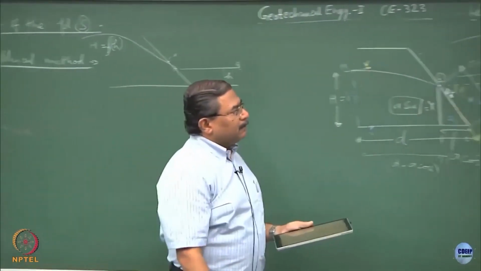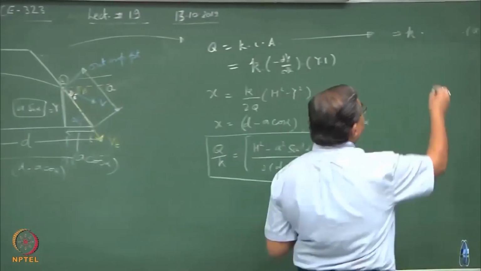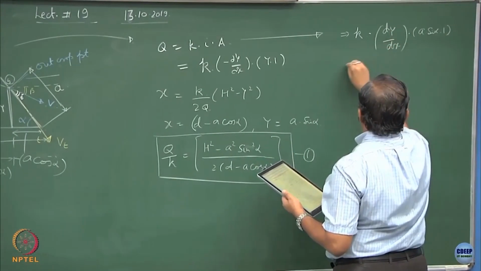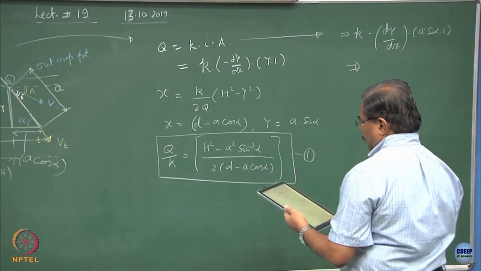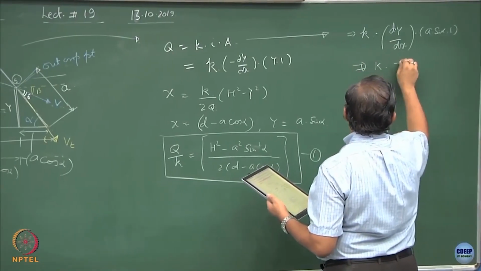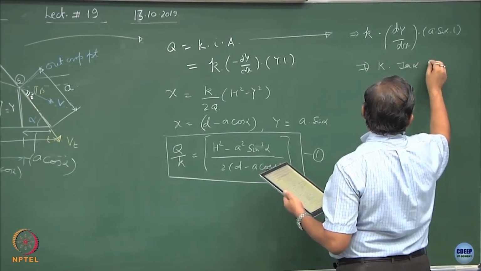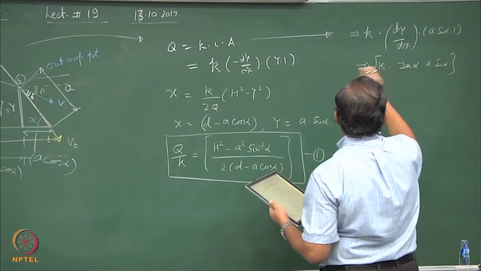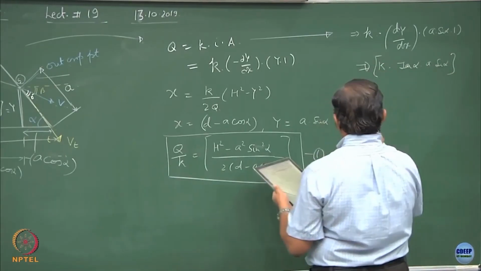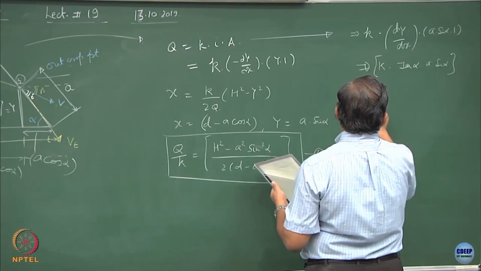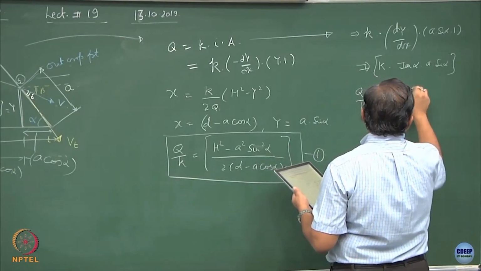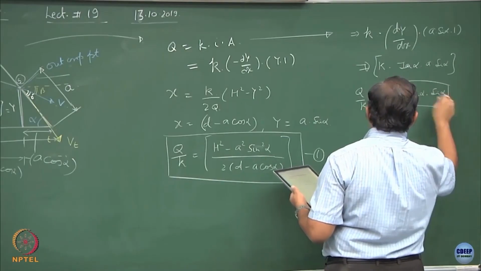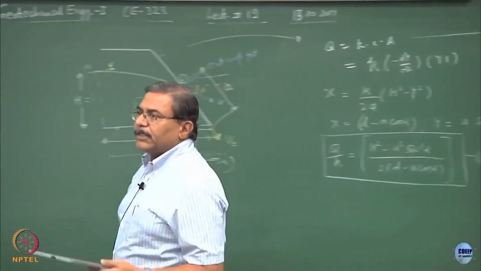If I assume this as dy by dx, is this okay? So, I can write this as tan alpha into A sin alpha. In other words, Q by K will be equal to A tan alpha into sin alpha.